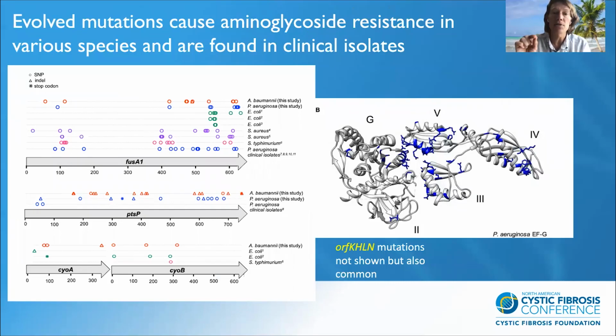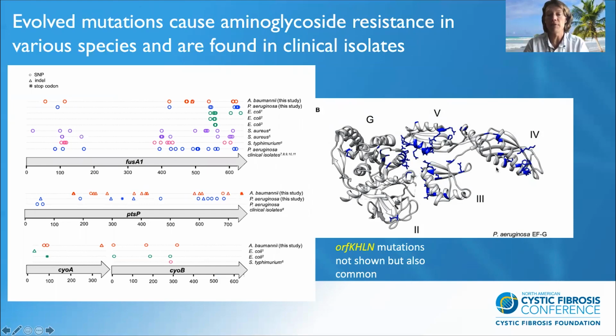Now, these mutations cause aminoglycoside resistance in various species beyond the ones I've shown. Here are surveys of mutations from studies of resistance to an array of aminoglycosides, and they're found in clinical isolates.